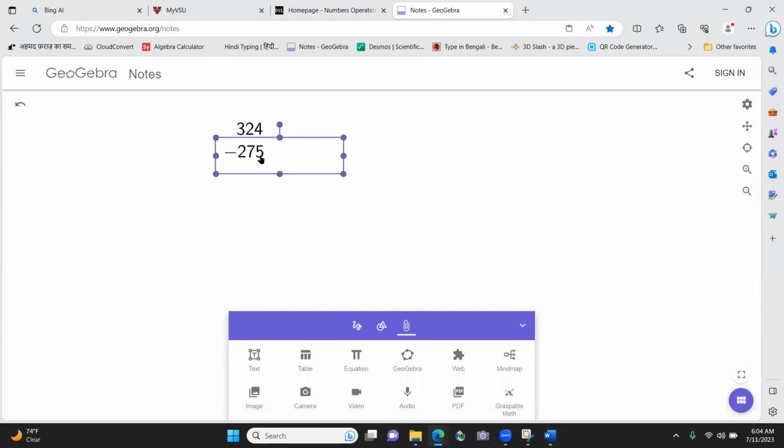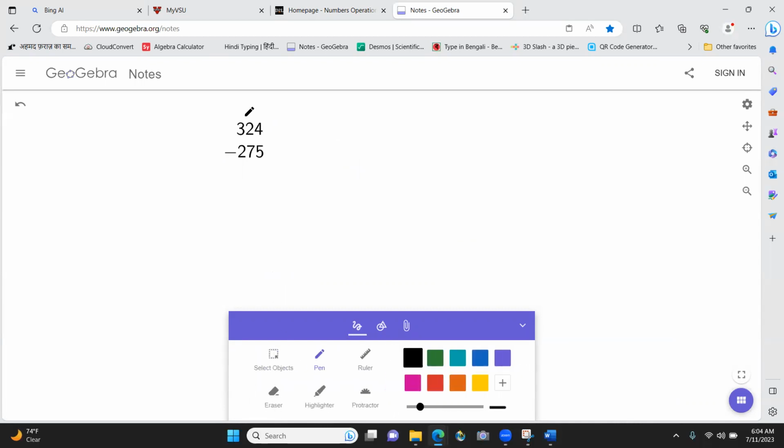Now, 4 is smaller than 5. So what do we do? From this 2, we borrow a 1 and make this 14, and this becomes 1 now. And 14 minus 5 is 9. Now there is 1 here, and this is actually a 10, right?